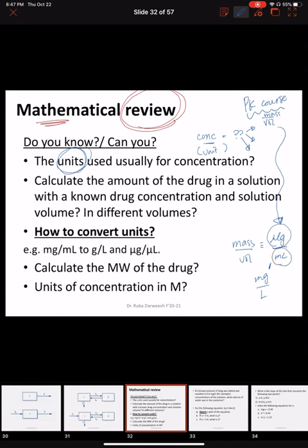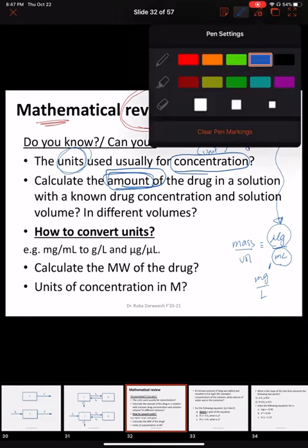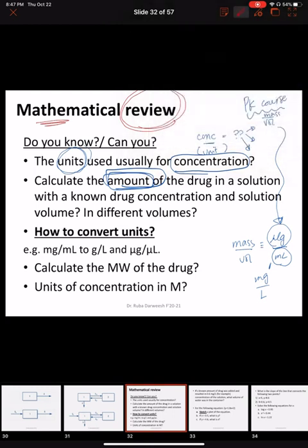If you are talking about concentration, you need to know exactly what unit you are talking about. And if we give you a certain concentration and volume, are you able to determine the amount, or vice versa?